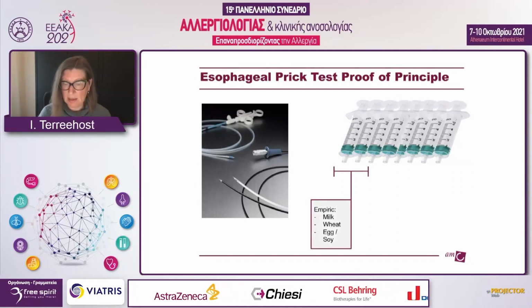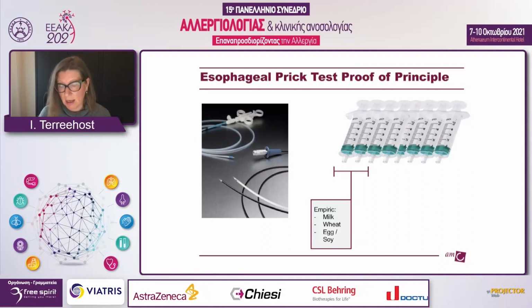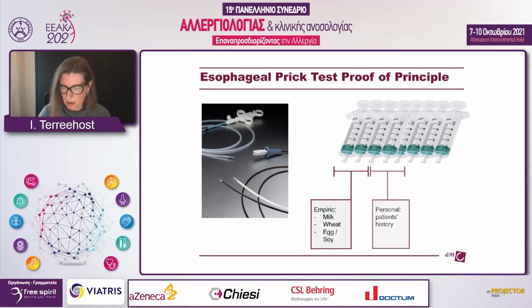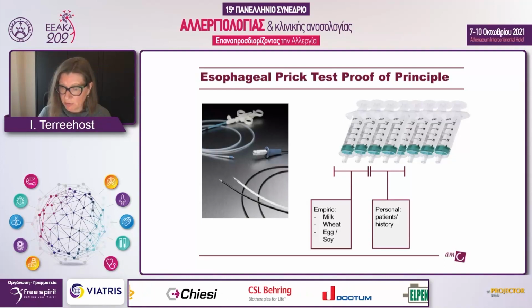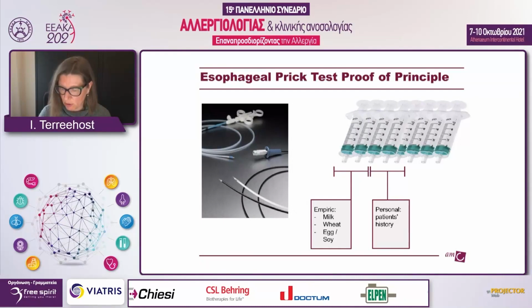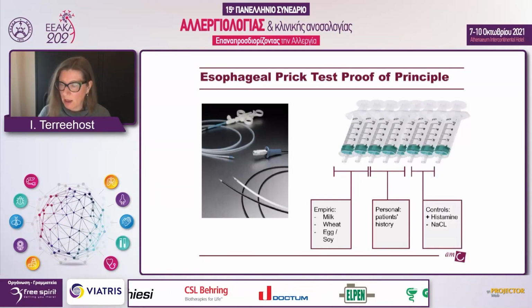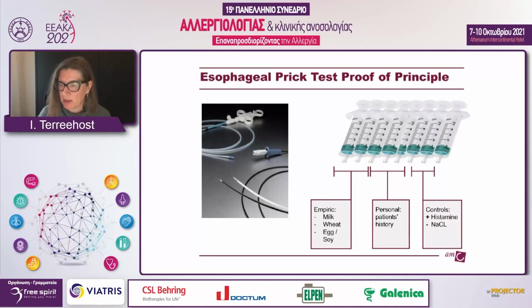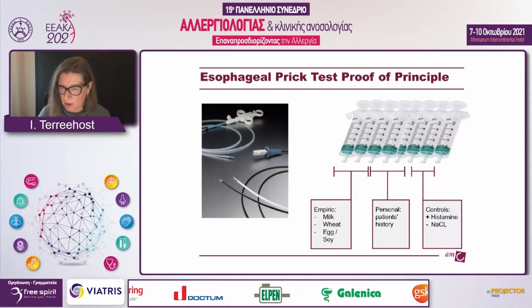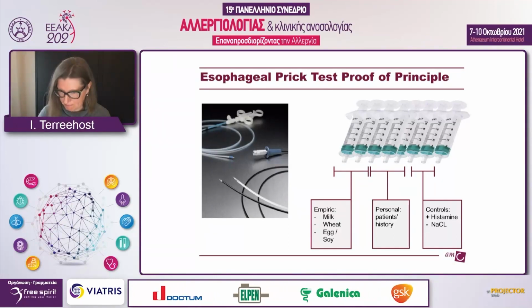We did at least milk, wheat, and either egg or soy. We took the patient's personal history to see whether there were any foods that the patient suspected were causing them symptoms. And of course, we took some controls, which you also do with your normal skin prick test, namely the histamine and sodium chloride.